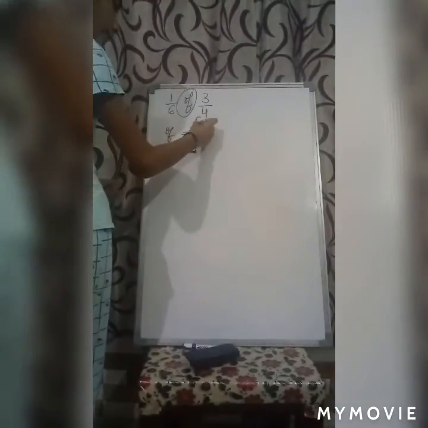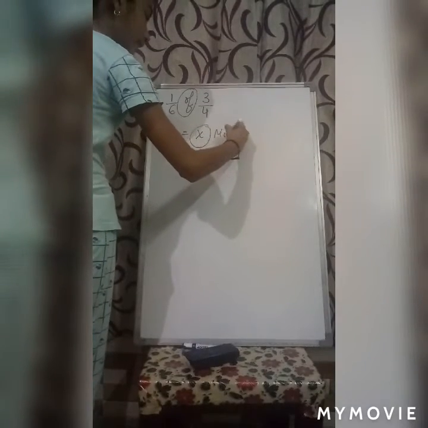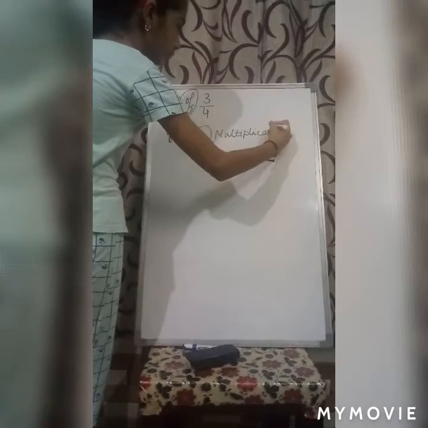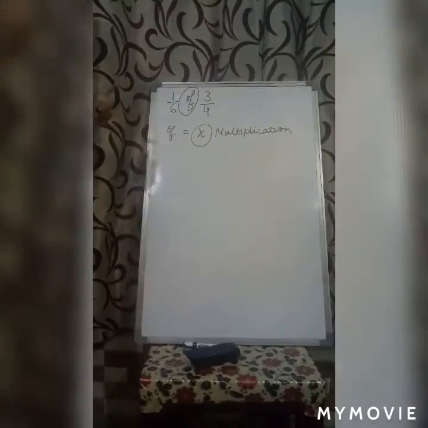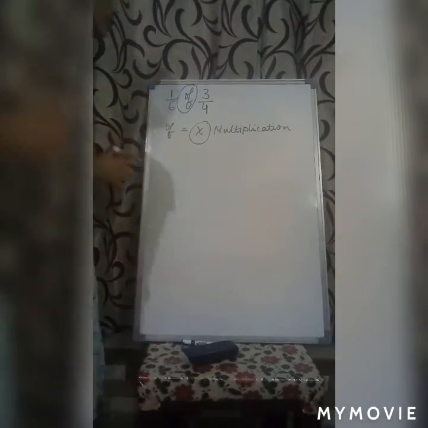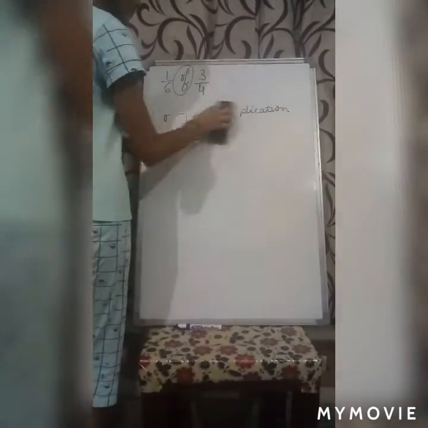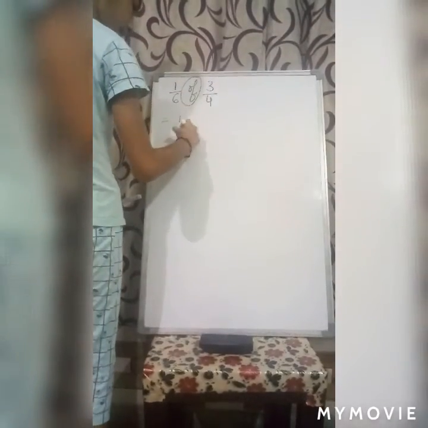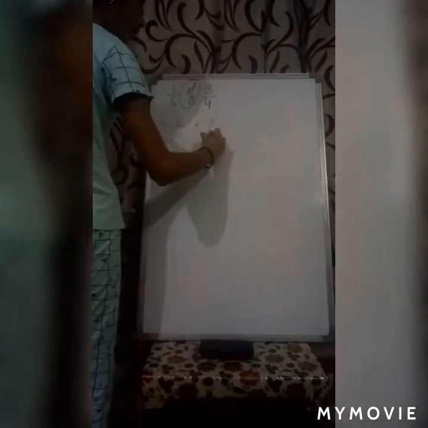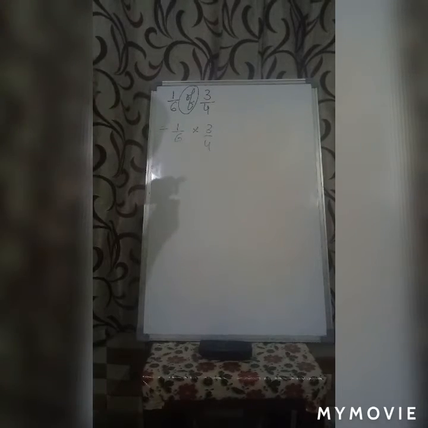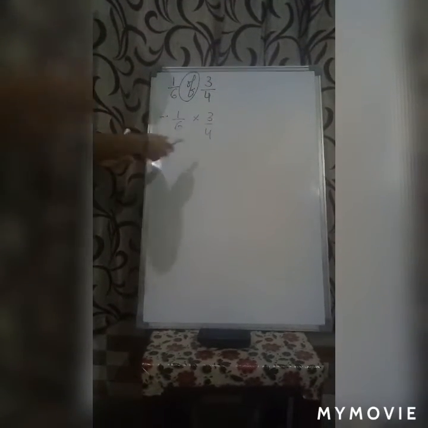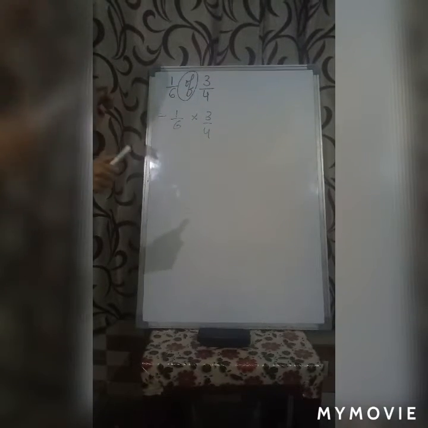It's very important. So if I want to solve the question, then we first write 1 by 6 into 3 by 4, and then we can start solving like we were multiplying before. We have learned that, right? So we just multiply and solve the question.